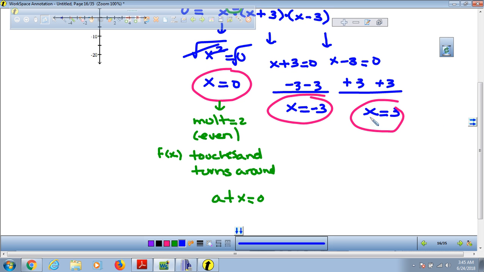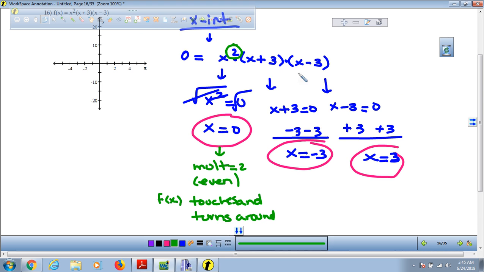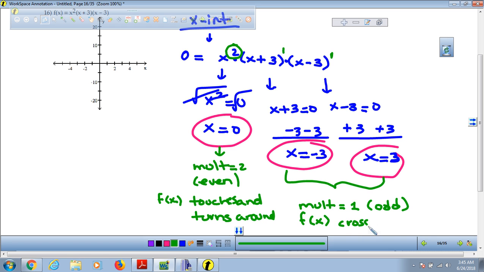These other two x-intercepts both have an exponent of 1 on the outside of the parenthesis, even though I don't see it. So for both, the multiplicity is 1, which is an odd number, which means that the function f of x crosses the x-axis.